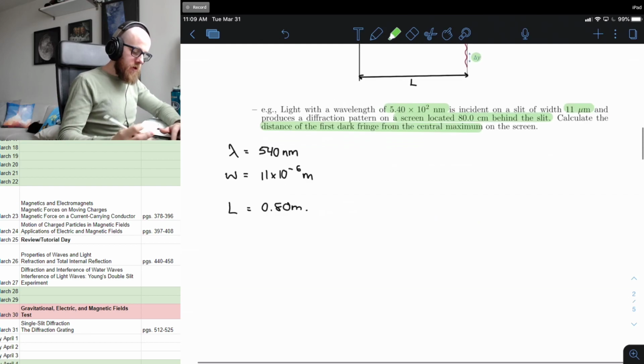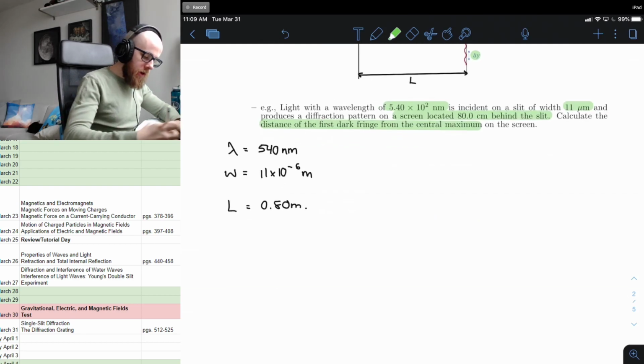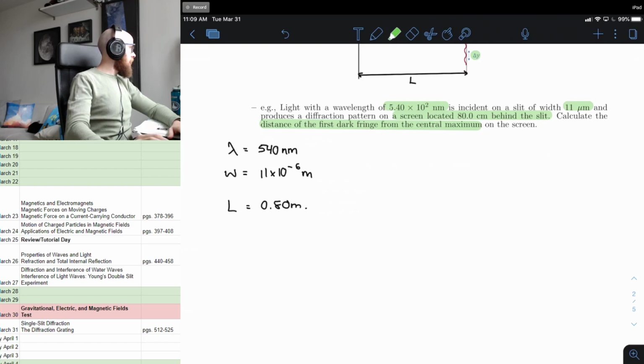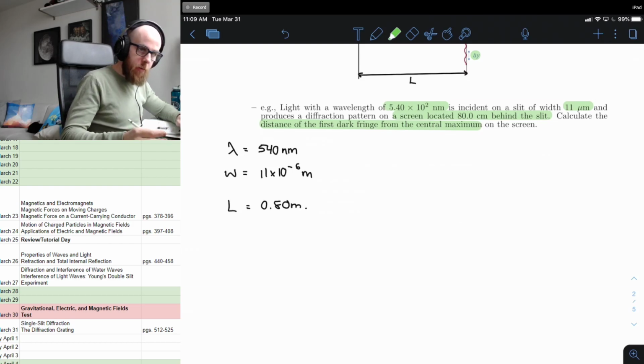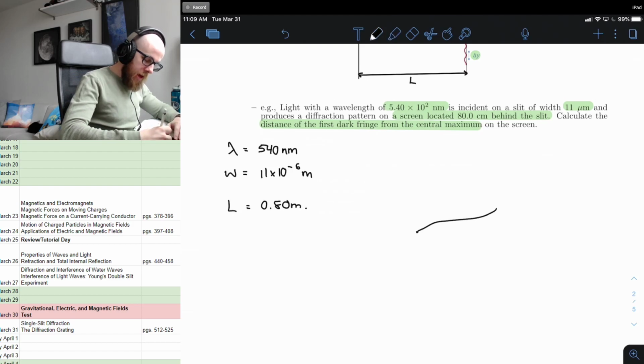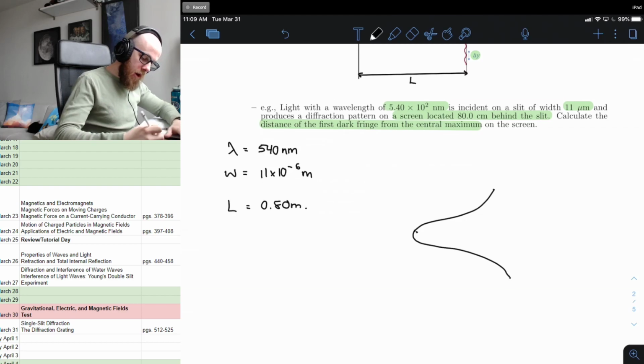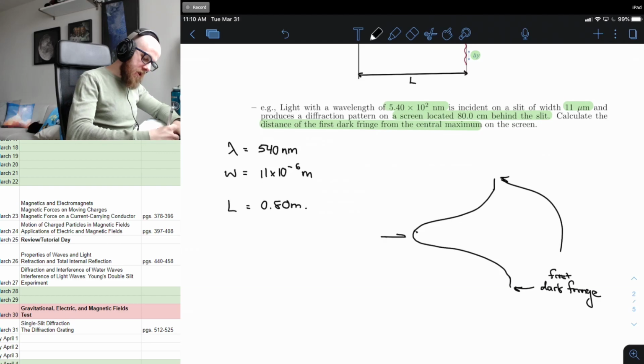Just to draw a quick picture of what we're finding here. The notes are finally uploaded if you want to take a look at any formulas. We have this diffraction pattern with a broad central maximum, and adjacent to the central maximum are these dark fringes, the first dark fringe on either side.